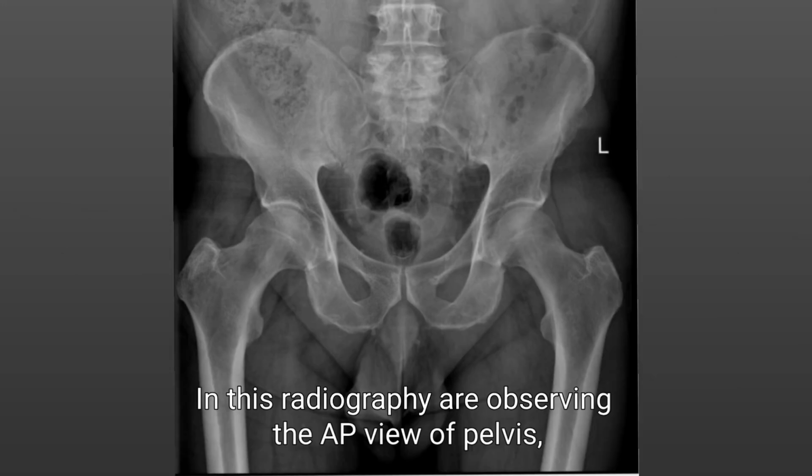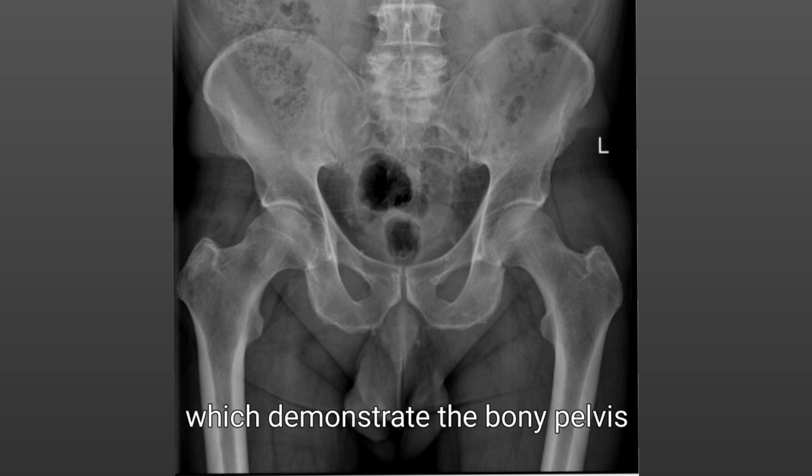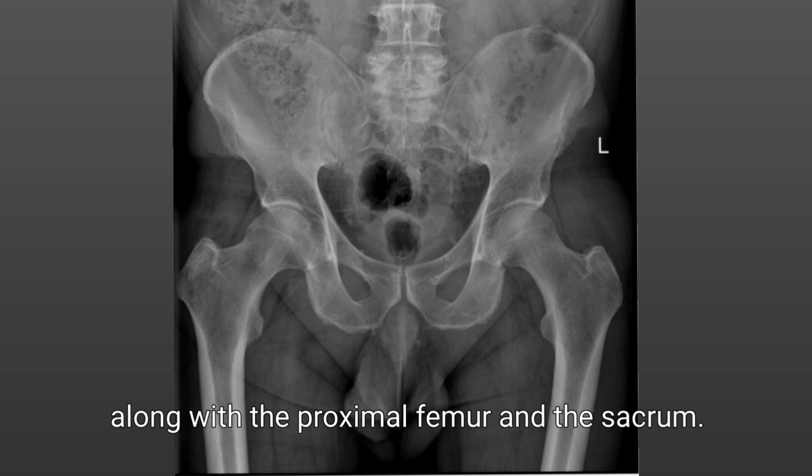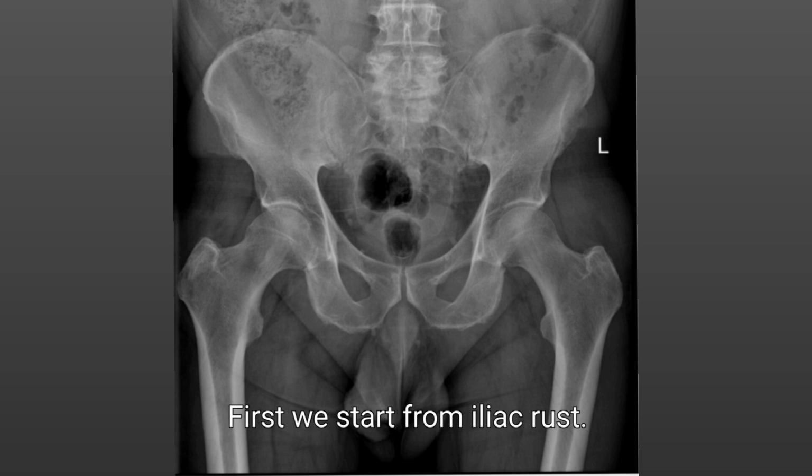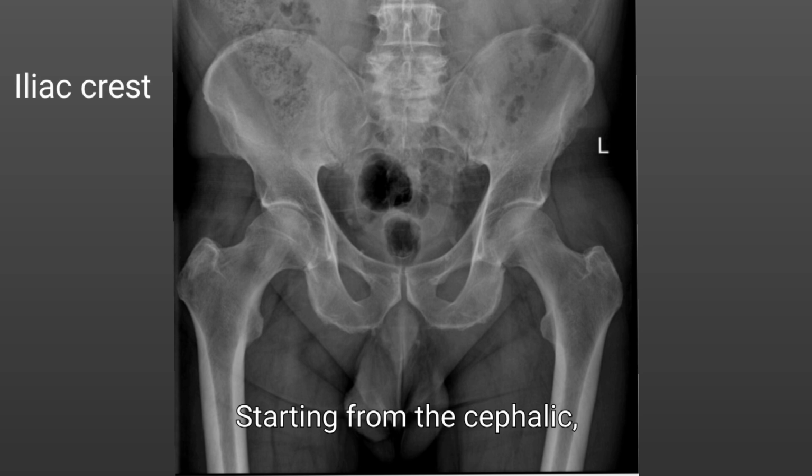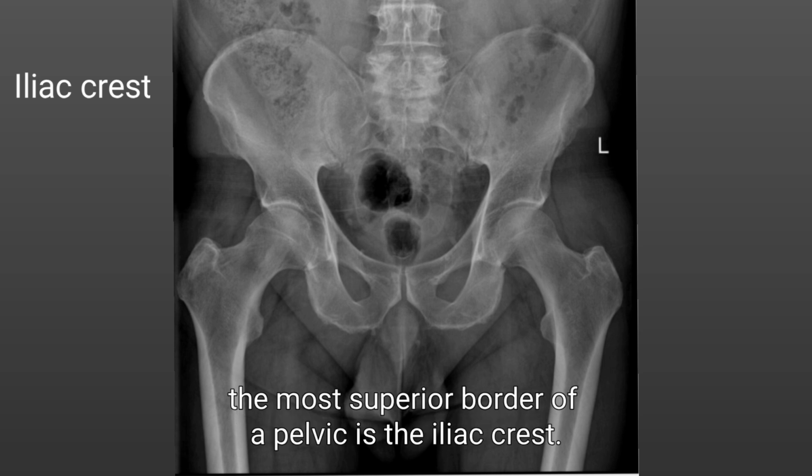In this radiograph, we are observing the AP view of the pelvis, which demonstrates the bony pelvis along with the proximal femur and the sacrum. First, we start from the iliac crest. Starting from the cephalic, the most superior border of the pelvis is the iliac crest.